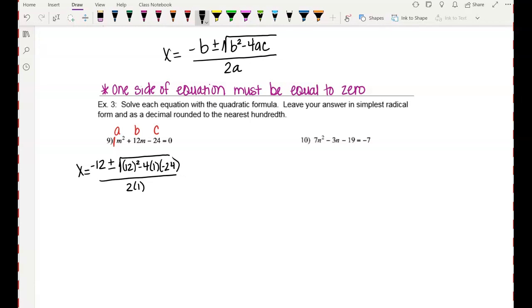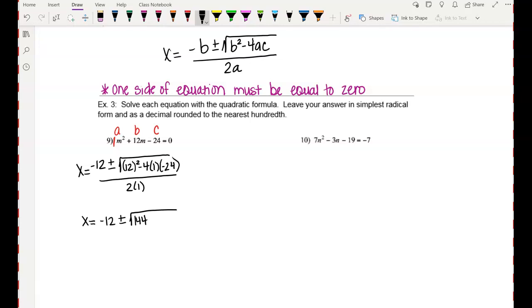So now I need to simplify that. X equals negative 12 plus or minus the square root. I know that 12 squared is 144. Negative 4 times 1 is negative 4.